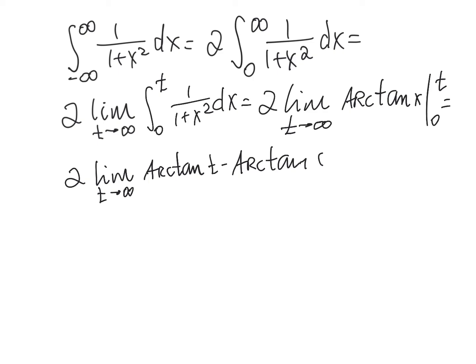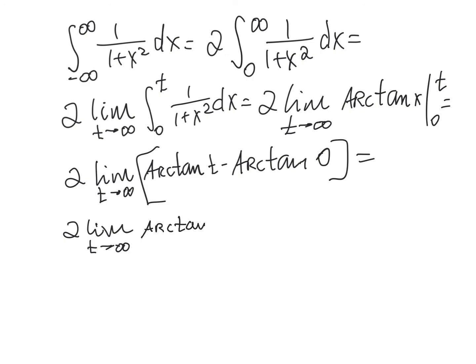Again, arctan of 0 is 0, so this is equal to 2 times the limit as t approaches positive infinity of arctan of t, which is 2 times pi over 2, or pi.